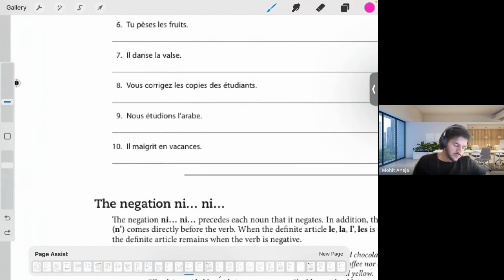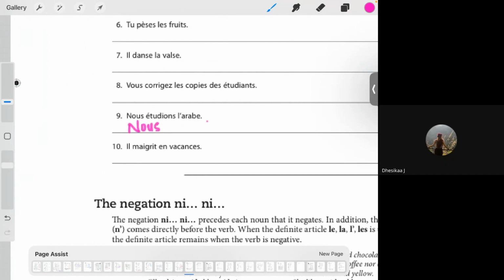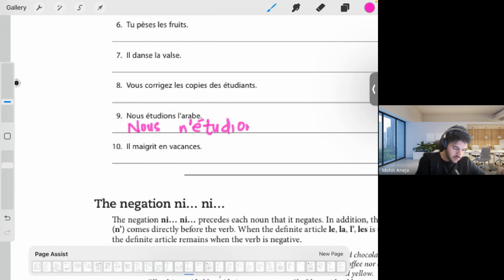Okay. Nous étudions, the ninth one. Nous étudions l'arabe. Nous n'étudions pas l'arabe. Easy enough.